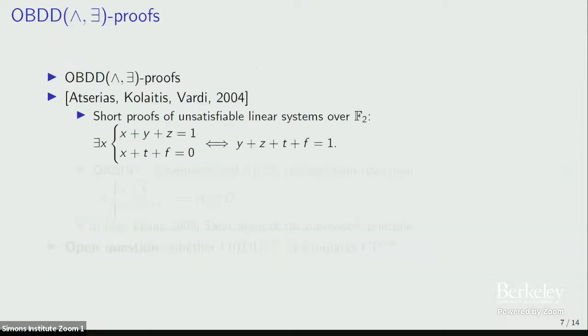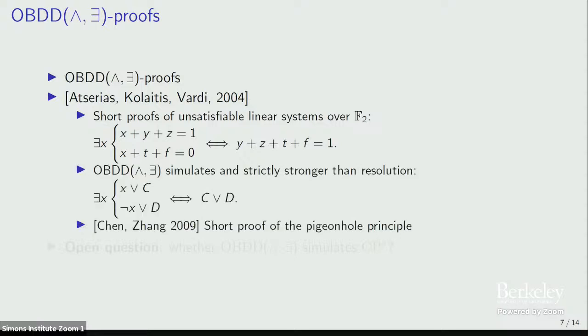For example, suppose we have only the conjunction and projection rules. This proof system is rather interesting. For example, it can refute an unsatisfiable system of linear equations, because if we take two linear equations and consider their conjunction and the projection of the common variable, we will get just the sum of these equations.